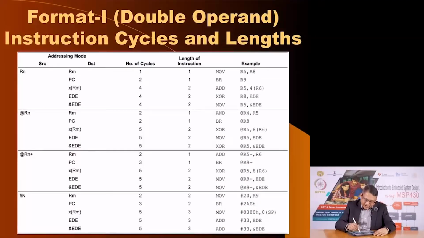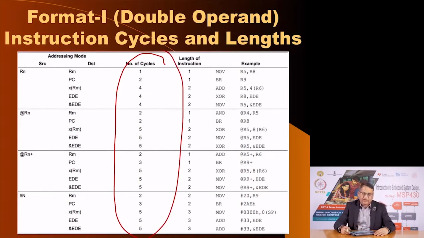Now, before we come to that aspect, I want to show you how much time the MSP430 takes to execute any given instruction. I have listed here the various types of instructions, and specially look at the second column, where it says how many cycles are required to execute a given instruction, and there are several such sheets here.